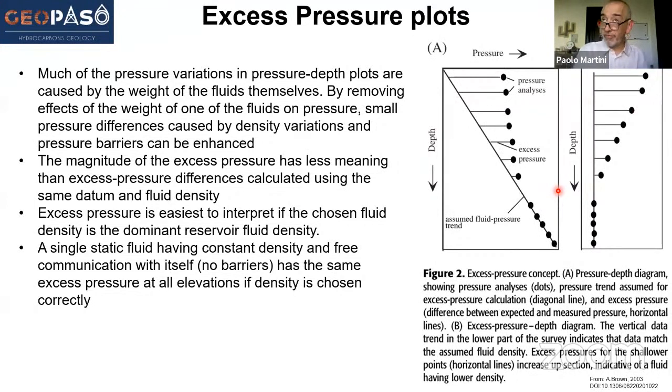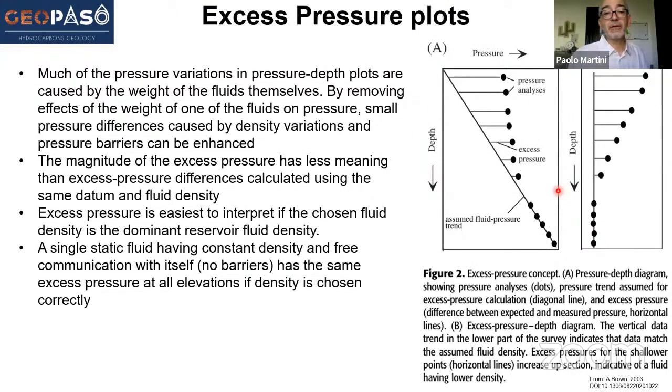If you remove the effect of the weight of the fluids, you can start looking at very subtle, small differences that are caused by variations in densities and pressure barriers. These are very useful plots that can unlock a lot more information.